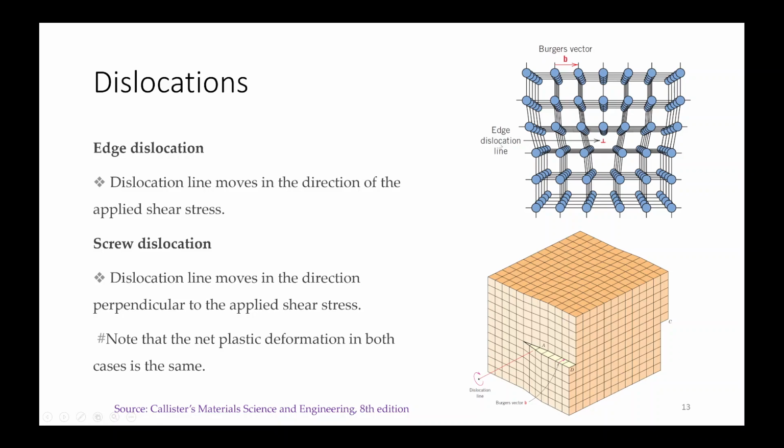Here the shear stress direction is in this direction and the line movement is in this direction. The ultimate plastic deformation will be in this direction in both cases, in the direction of shear stress.